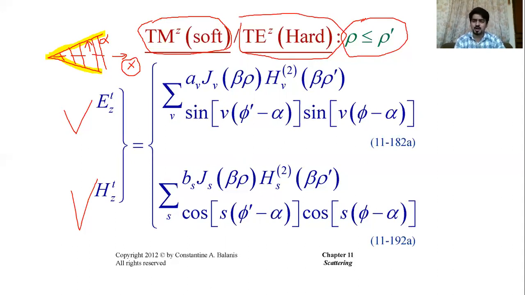Similarly, let's say you have a magnetic line source. That magnetic line source will be placed along the Z axis. That means your H field is going to have a Z component. On the other hand, your E vector is going to be in the XY plane.